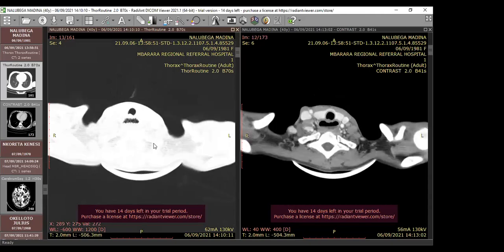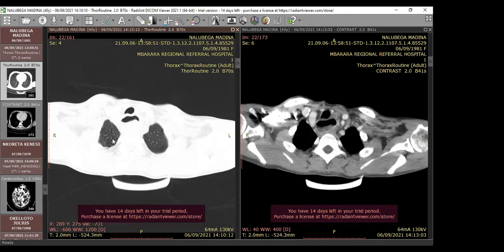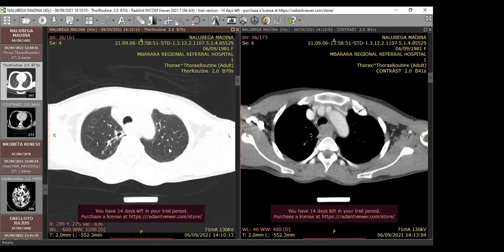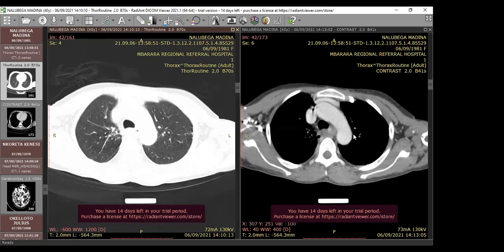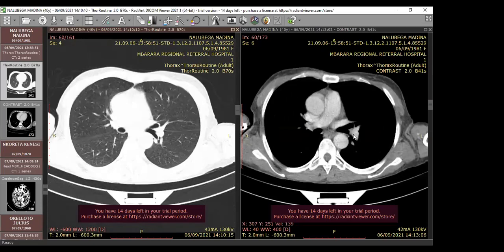On this side, you can see that the lung tissues are clearly illustrated. On this side, you can clearly see that it's mainly the structures in the mediastinum that we are able to see right there.